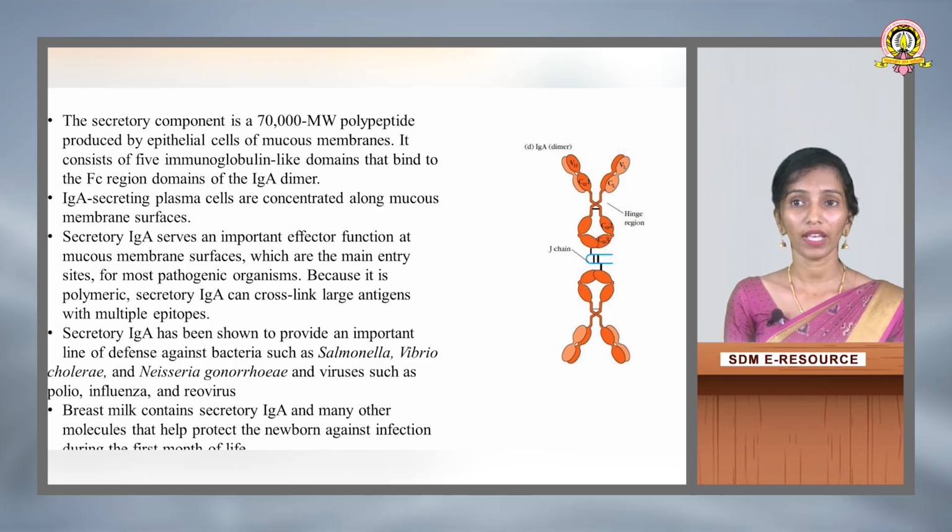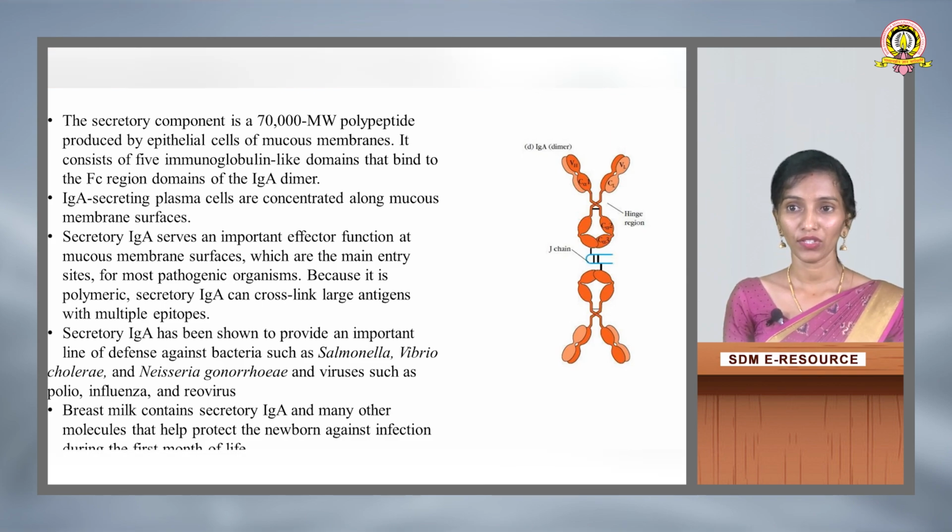IgA secreting plasma cells are concentrated along the mucous membrane surfaces, where secretory IgA serves an important effector function, as these are the main entry sites for most pathogenic organisms. Because of its polymeric nature, secretory IgA can cross-link large antigens with multiple epitopes.